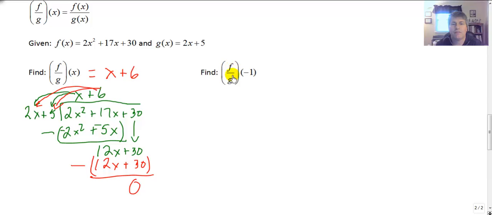So if I'm asked to find f divided by g of negative 1, well, I can put negative 1 in each one of these. I could do this, 2x squared plus 17x plus 30 all over 2x plus 5, and then go ahead and put negative 1 in for x.